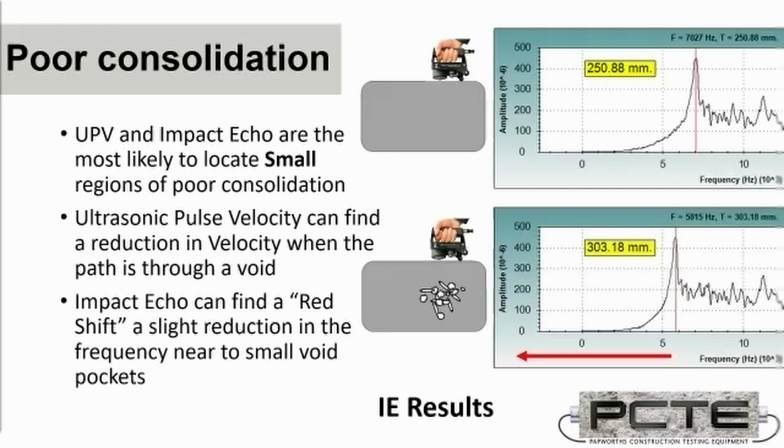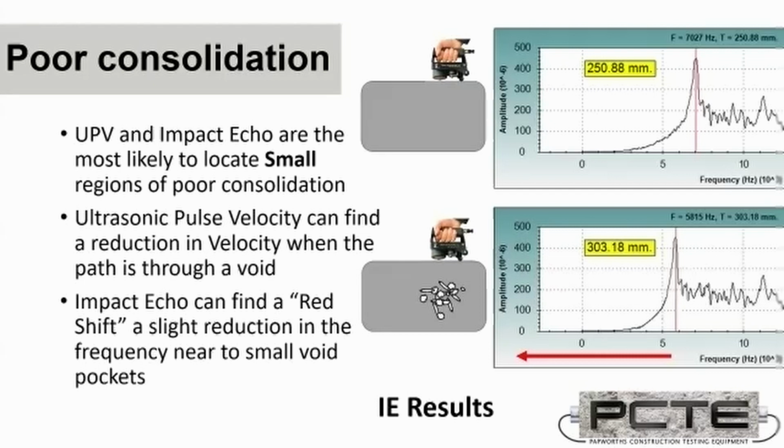Impact echo, the test will respond through frequency shifts for light amounts of voiding. So what's quite common is a red shift. It's a lower frequency measurement. This is because the voiding essentially makes the element more hollow. So if we were interpreting that data as frequency, maybe we shift from 7,000 to 5,000, or maybe a thickness measurement of 250 might change to around 300 millimeters if we're presenting data as that.